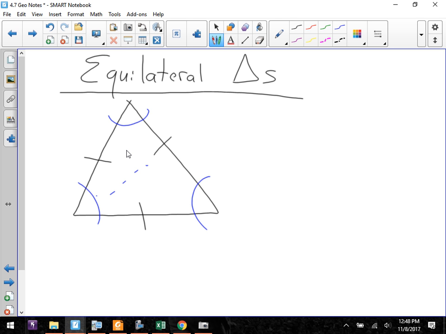It gets all three angles that are equal. And if all three angles are equal in a triangle, what do all three angles have to equal? Same thing, which is 60.